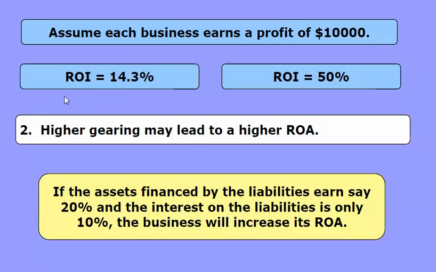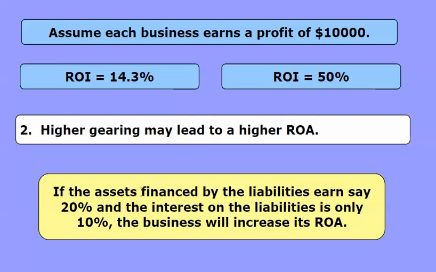Also, it can lead to higher returns on assets, another key profitability indicator. Here's a simple example. If the assets financed by the liabilities earn, say, 20%, and the interest on the liabilities is only 10%, then the business is going to increase its return on the assets. So it borrows money to buy assets.